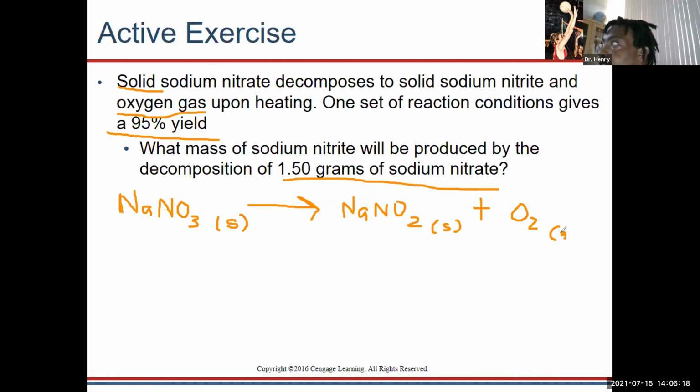Okay, is it balanced? No. What do I need to do to balance it? You said a 2, and then there's a 2 here. Okay, and then is it balanced?